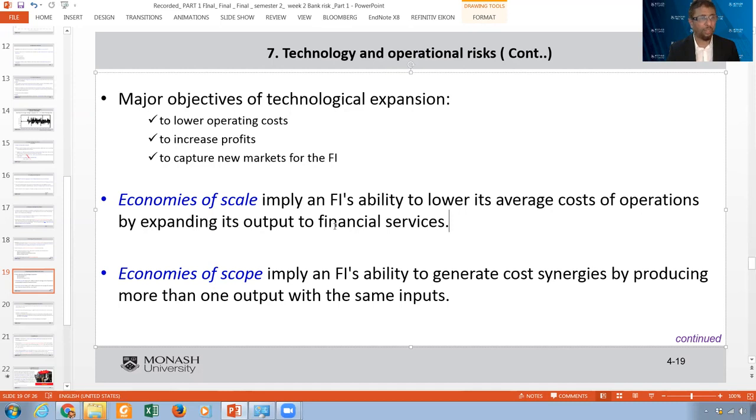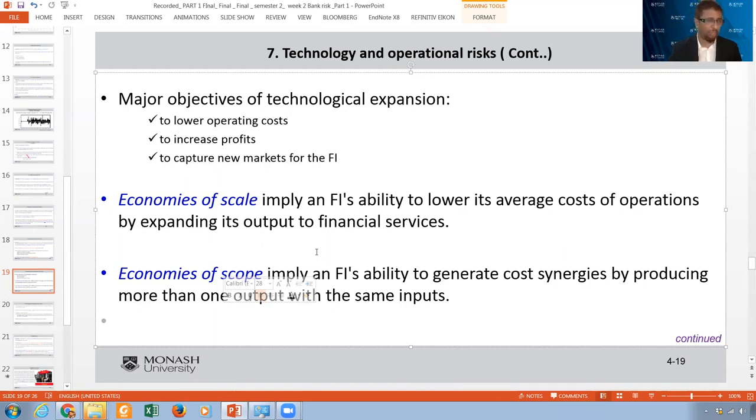This is what we call economies of scope, which means using the same data to generate cost synergies by producing more than one output. As I told you, you have information about credit cards, you can create another type of products out of that, and banks do that.